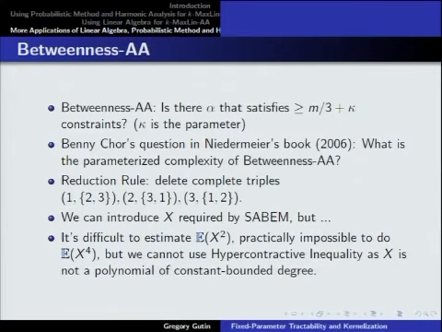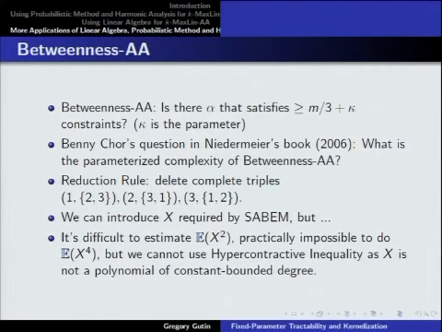After that, once you are done with that, this is the first step in our approach, then you want to introduce some X required by our method. The problem is that, yes, you can find such X, but for anything which we found, it was difficult to estimate the second moment, and practically impossible to estimate the fourth moment.